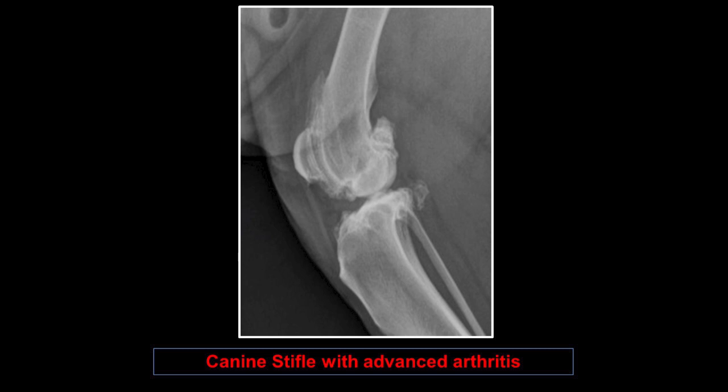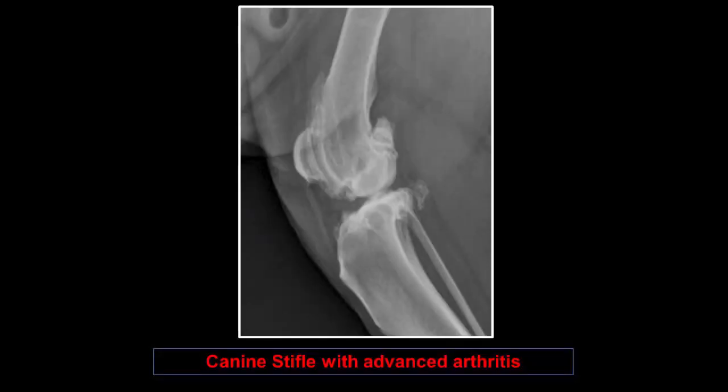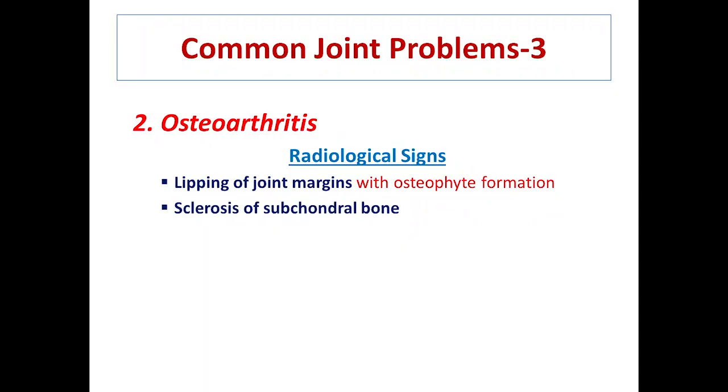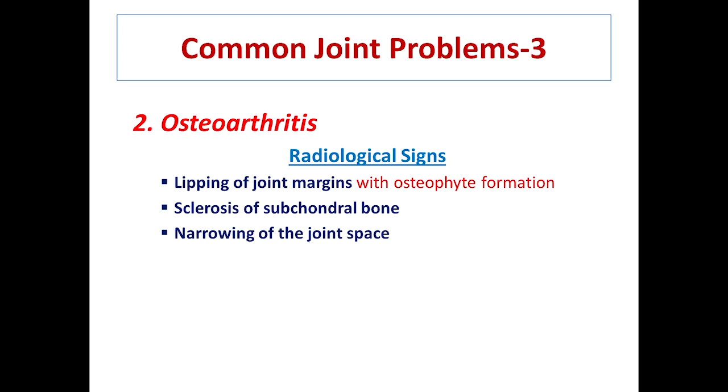Number one, you can notice lipping of the joint margins. Lipping means irregular margins of the joint. Second is sclerosis of the subchondral bone. Here you can notice the signs of sclerosis. The third one is that whenever there is osteoarthritis, the joint space decreases due to inflammation.